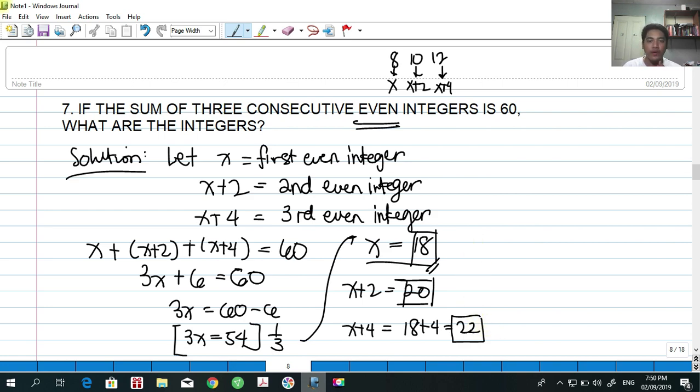Again, if we have consecutive even or odd integers, remember that it is not simply x plus 1 for the second integer. We must always add an even number or an odd number, in the case of consecutive even integers or consecutive odd integers.